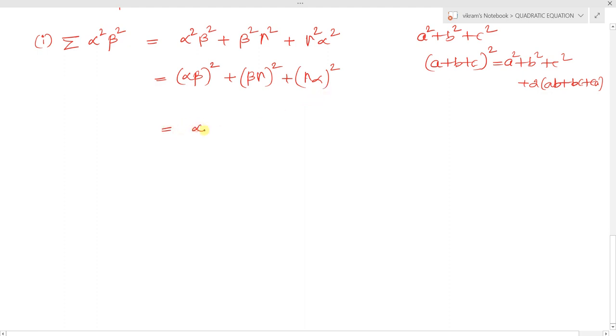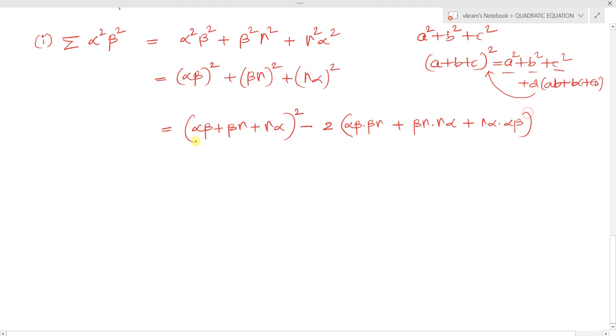So a square plus b square plus c square can be written as a plus b plus c whole square, and the 2 times term goes to the other side, minus 2 times of ab plus bc plus ca, where ab is alpha beta into beta gamma, bc is beta gamma into gamma alpha, and ca is gamma alpha into alpha beta.